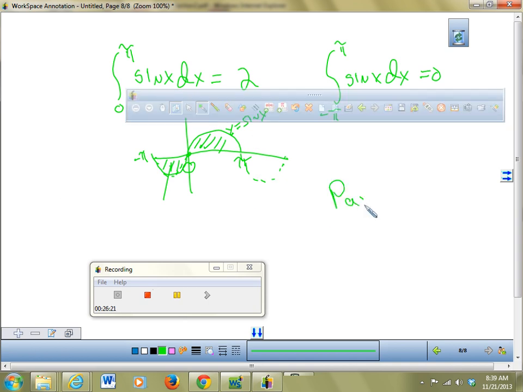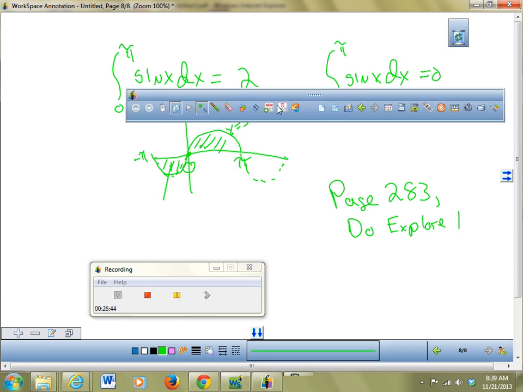I already did one of the problems for you, but page 283, exploration 1. It's just one exploration 1. No, you could use your book. You can work on it with a partner too.